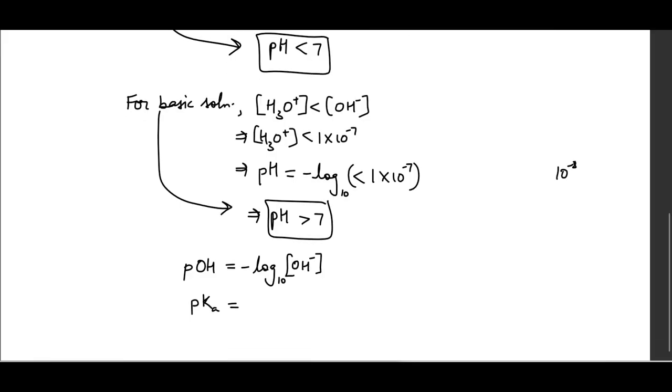So pKa is simply minus log of Ka to the base 10, and pKb for bases is nothing but minus log of Kb to the base 10, and similarly pKw is minus log of Kw to the base 10. Just like pH, these are other terms we might come across sometimes, and their meaning.